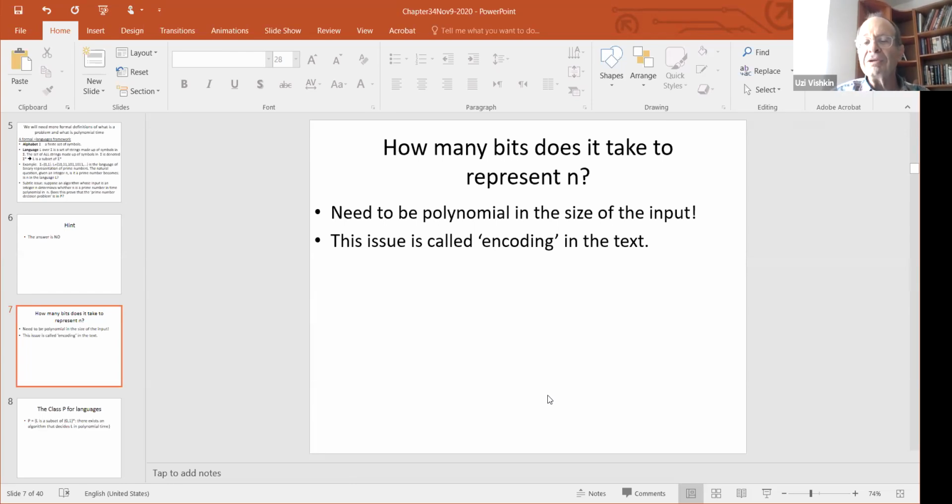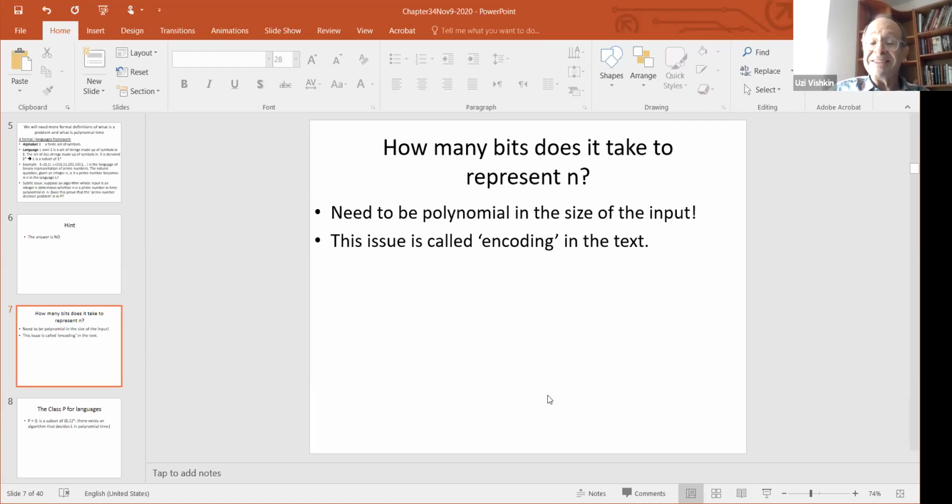So what you really need to take into account when you consider the term P in this context is not what you interpret as the size of the problem, but you need to take a very close look at the encoding. And here, since the encoding is binary, I can describe the number n by log n bits.